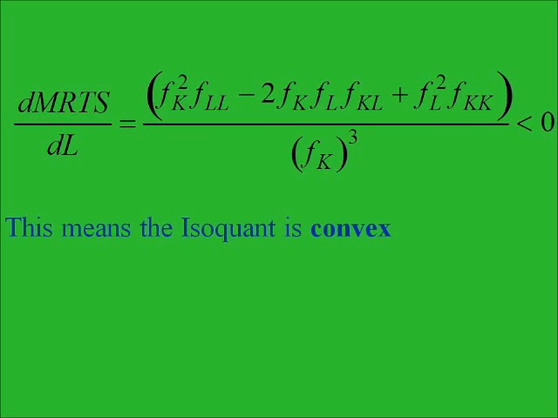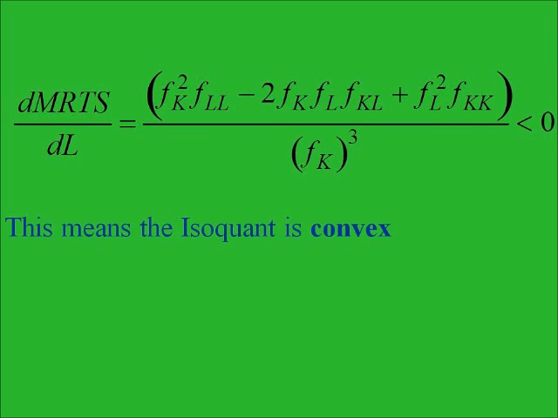In the numerator, I get f of k squared times f of ll minus 2 f of k f of l times f of kl plus f of l squared times f of kk, divided by f of k cubed. Now this is negative. To see this, just look at each individual element.